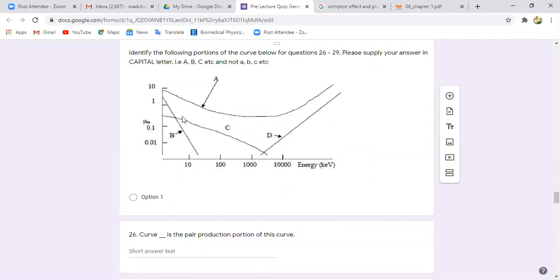This one here is for Compton scattering. C is Compton scattering. Whereas this one is straight because of pair production. You can see the energy range, this 1 megaelectron volt, that's 1,000 kiloelectron volts. So for this one to occur, the energy must be more than 1.02. So that is about that.